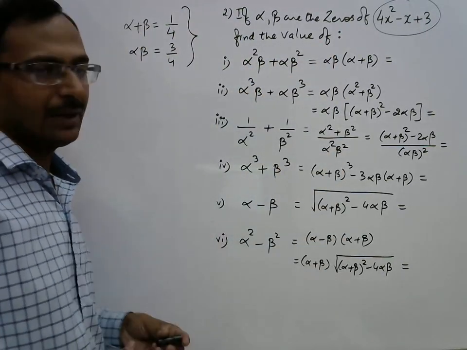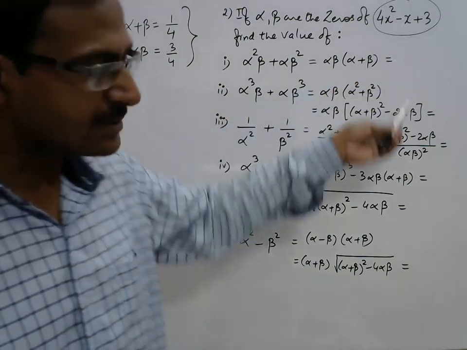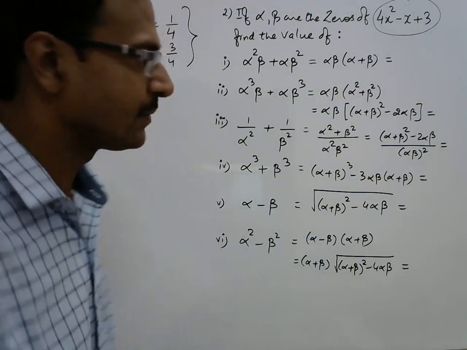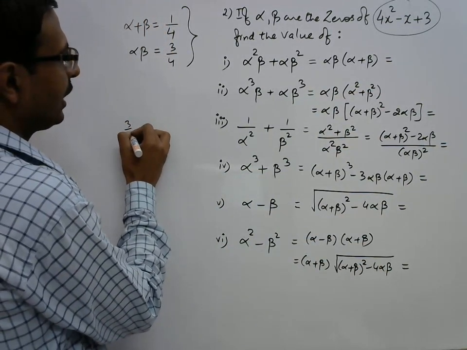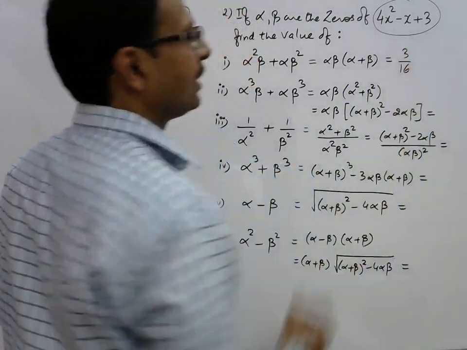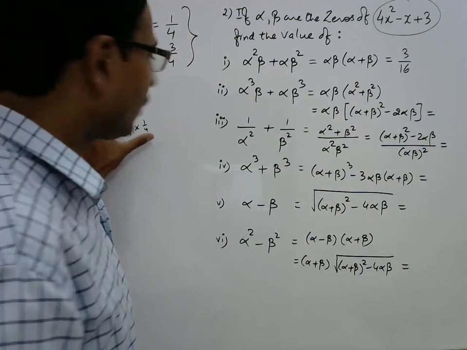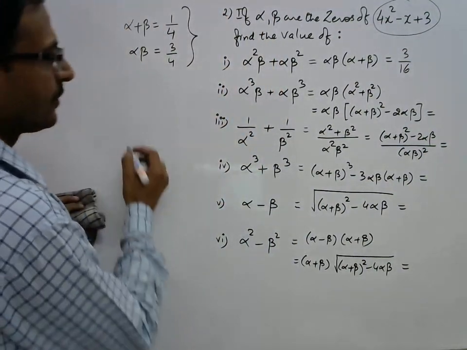So the answers, I will just do it in the rough work and write the answers here so that you can tally your answers. The first one, alpha beta is 3 upon 4, alpha plus beta is 1 upon 4. So 3 upon 16, the first part. I am writing only the answer. Please do all the steps and you can tally your answers.